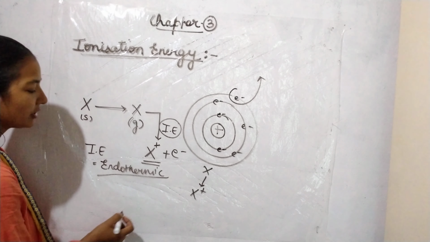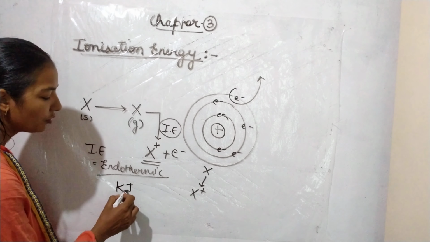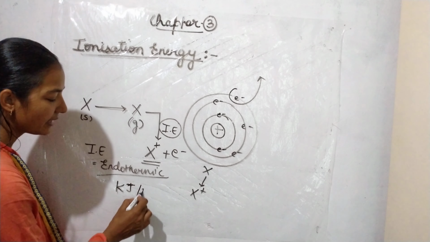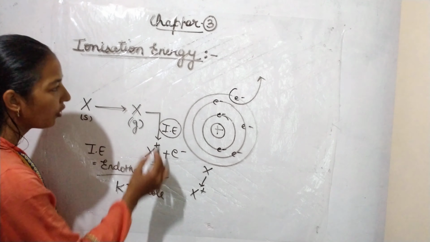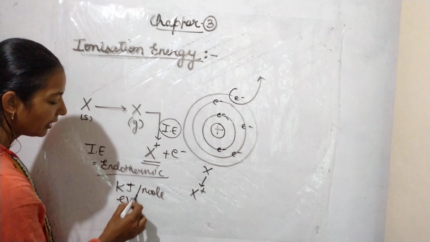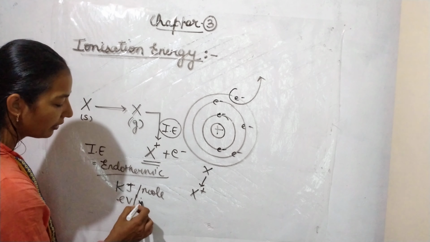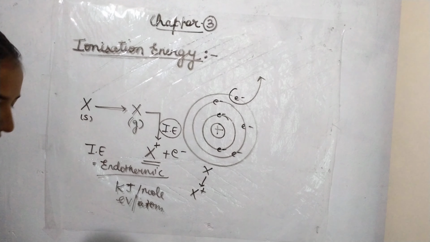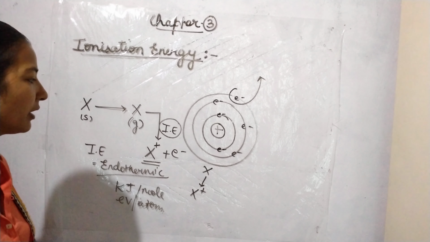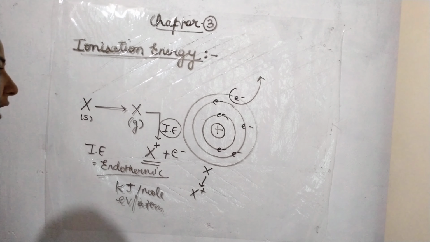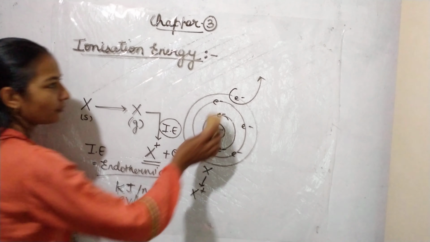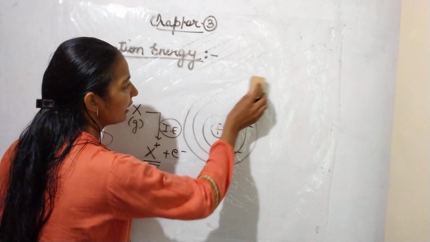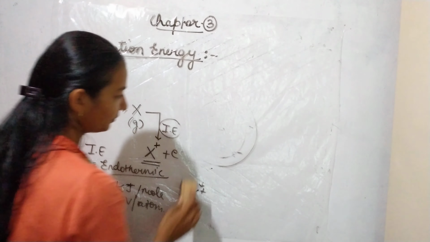The unit is kilojoule per mole, or it may be electron volt per atom. So these are some units of ionization energy. Now there are certain factors.